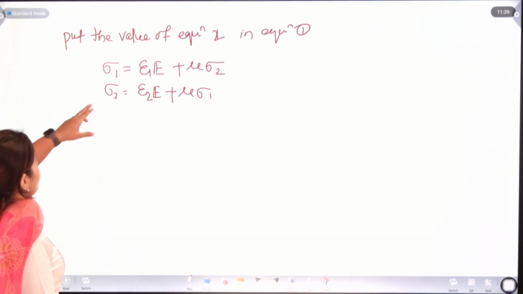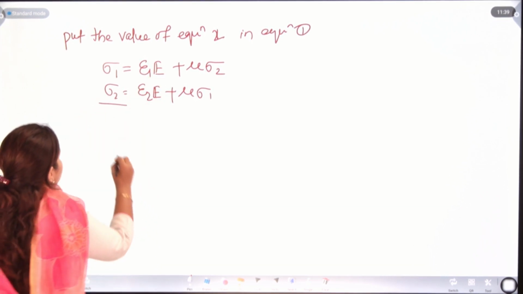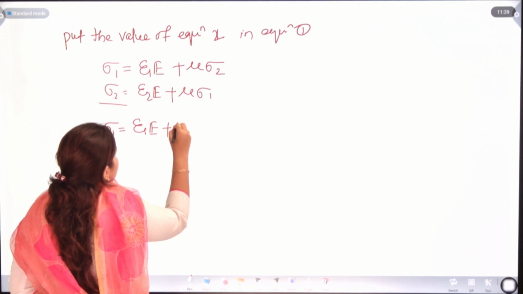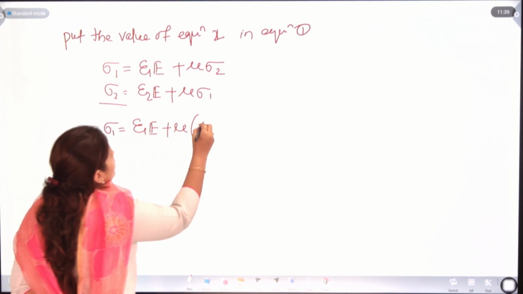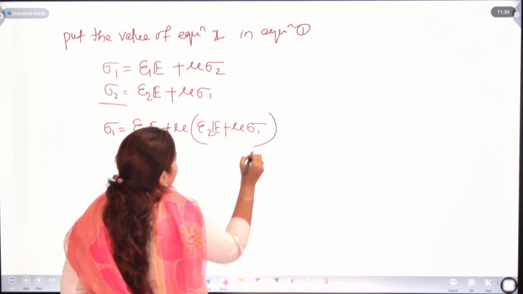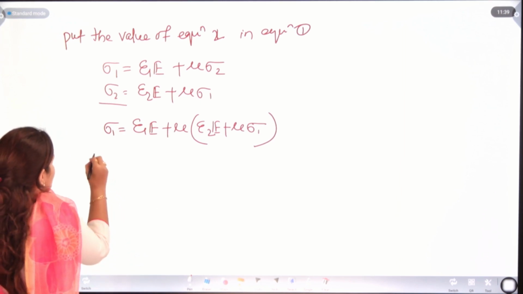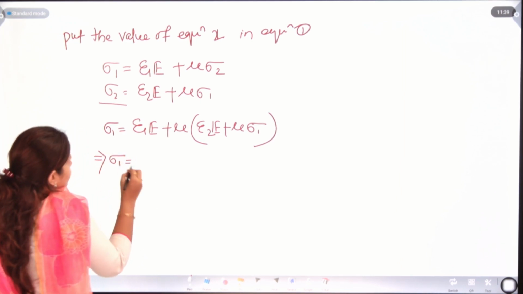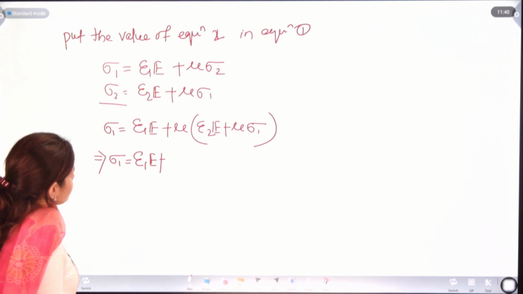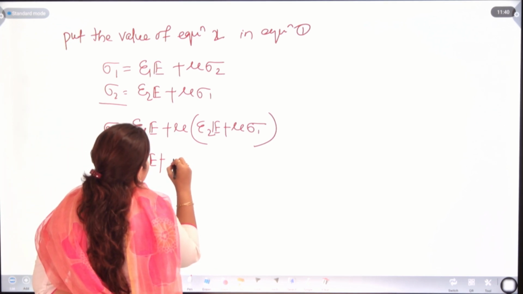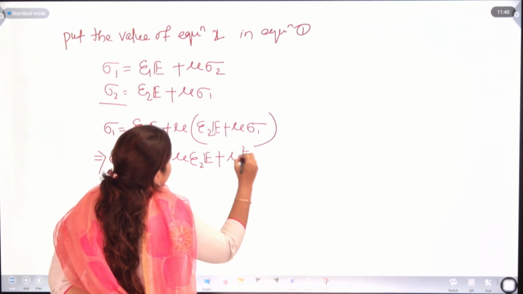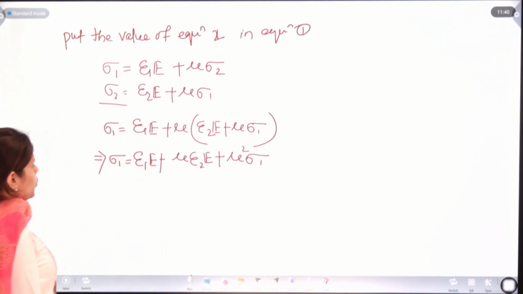If we put the value of sigma 2 here, sigma 1 is equal to epsilon 1 into E plus mu into epsilon 2 into E plus mu into sigma 1, right? So sigma 1 will be epsilon 1 into E plus mu into epsilon 2 into E plus mu square into sigma 1.